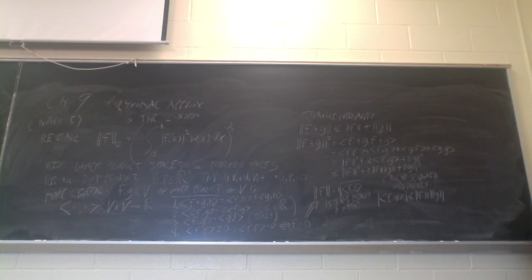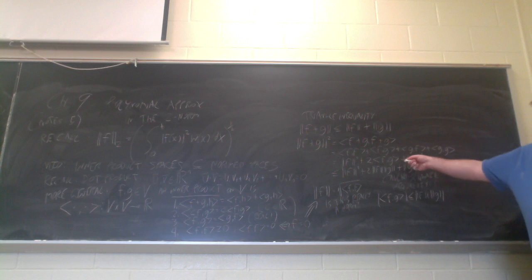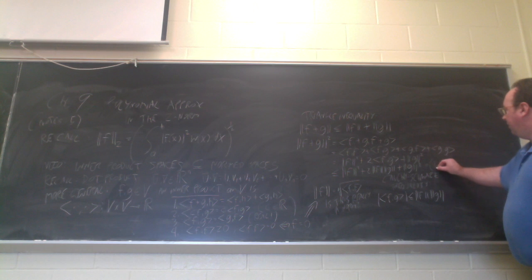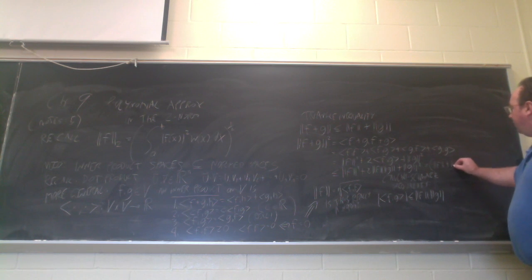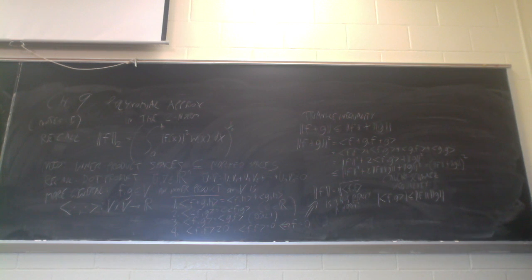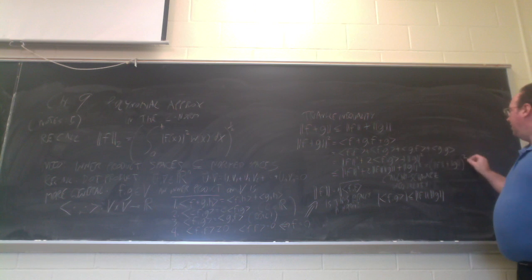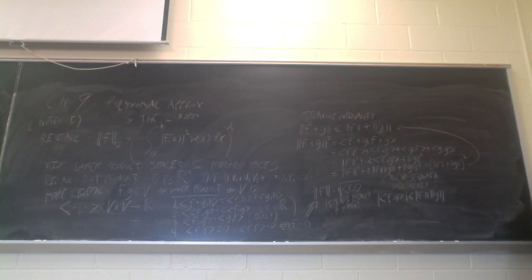And that's a perfect square: norm of f plus norm of g, squared. Now I can take the square root of both sides, and I get exactly that, if the Cauchy-Schwarz inequality is true.